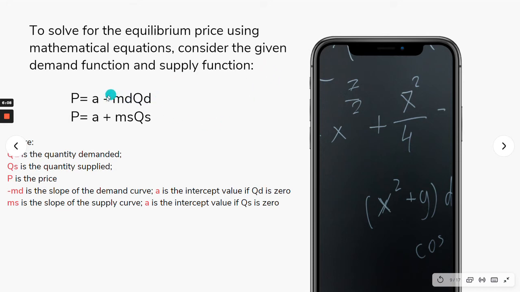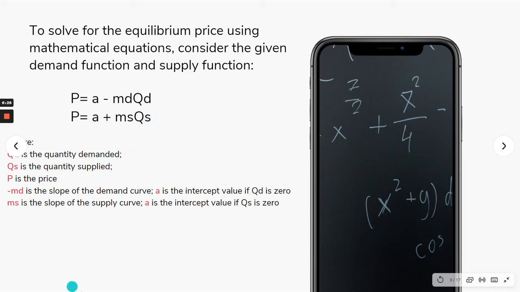You'll see the negative here. This is the D, demand, quantity demanded. So P is equal to A minus the slope of the demand times quantity demanded. P is A plus MS times QS.